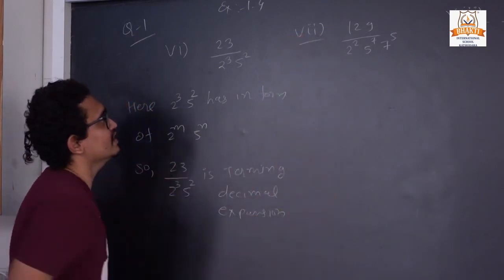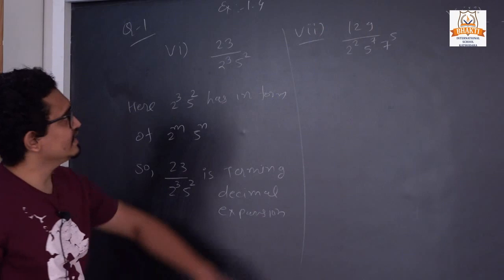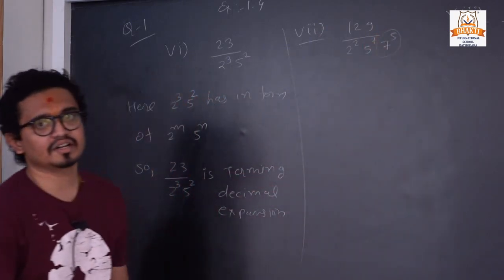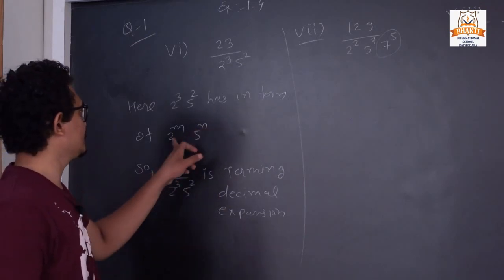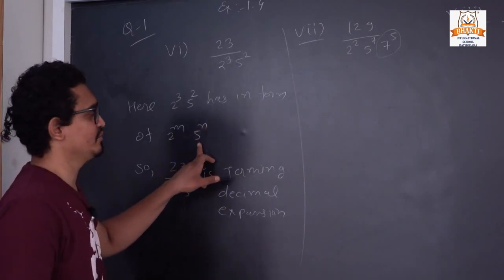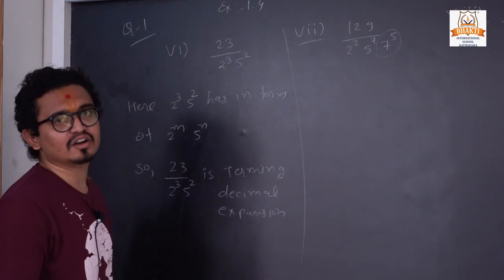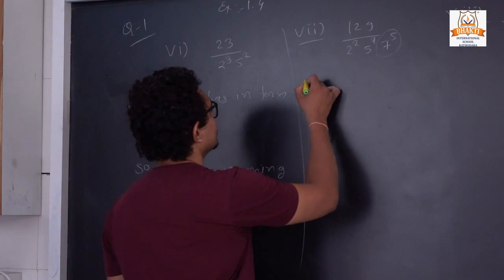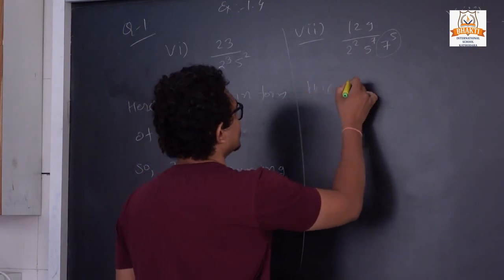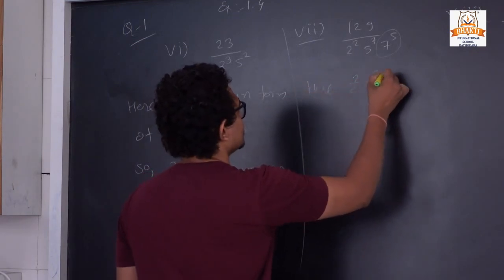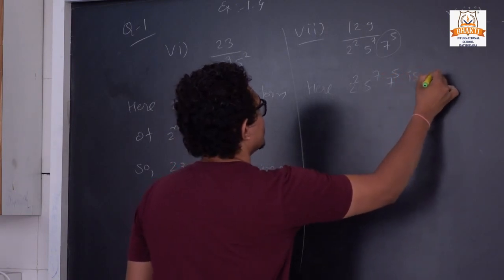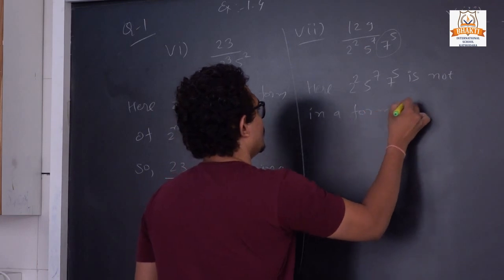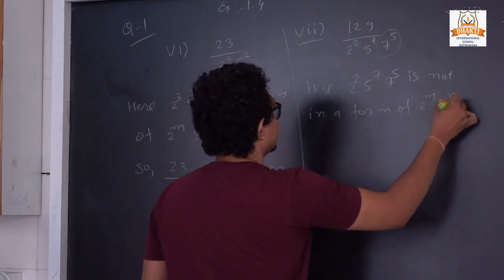In question number 7, you clearly see that here we have 7 raised to 5. So it is not in the form of 2 raised to m into 5 raised to n. So it will be which kind of number? Non-terminating decimal expansion. So here we can write 2 raised to 2, 5 raised to 7, 7 raised to 5 is not in the form of 2 raised to m into 5 raised to n.